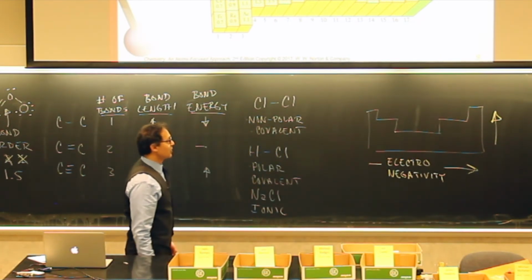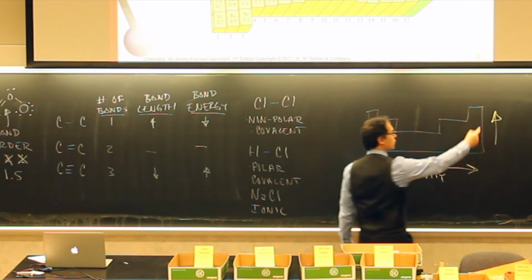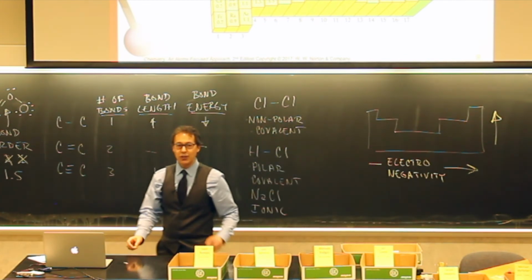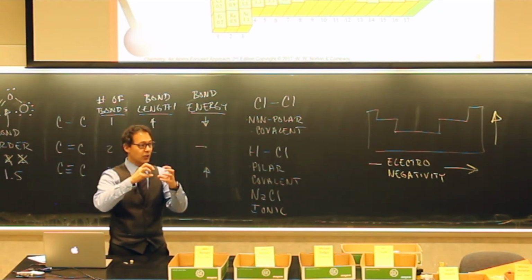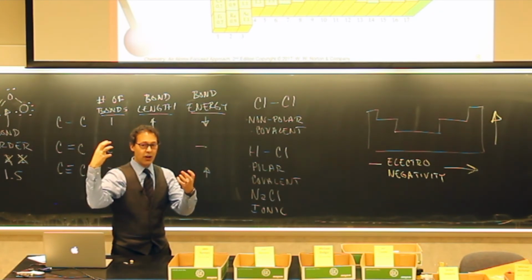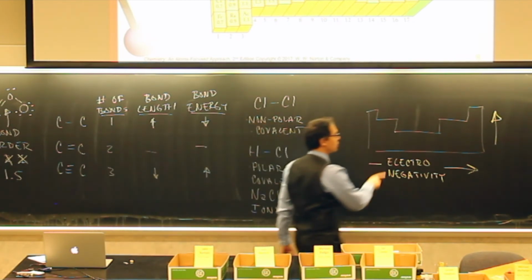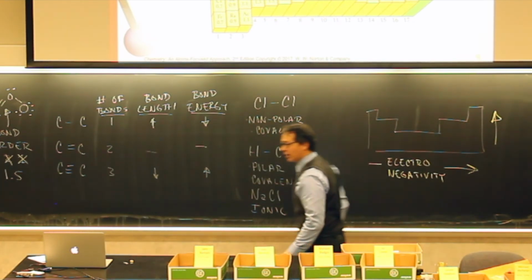It also tends to go, you notice that we have small elements here, we have big elements here. Small elements, the electrons are close to the nucleus, and therefore we have a stronger pull on those electrons. So electronegativity tends to go in that direction there.